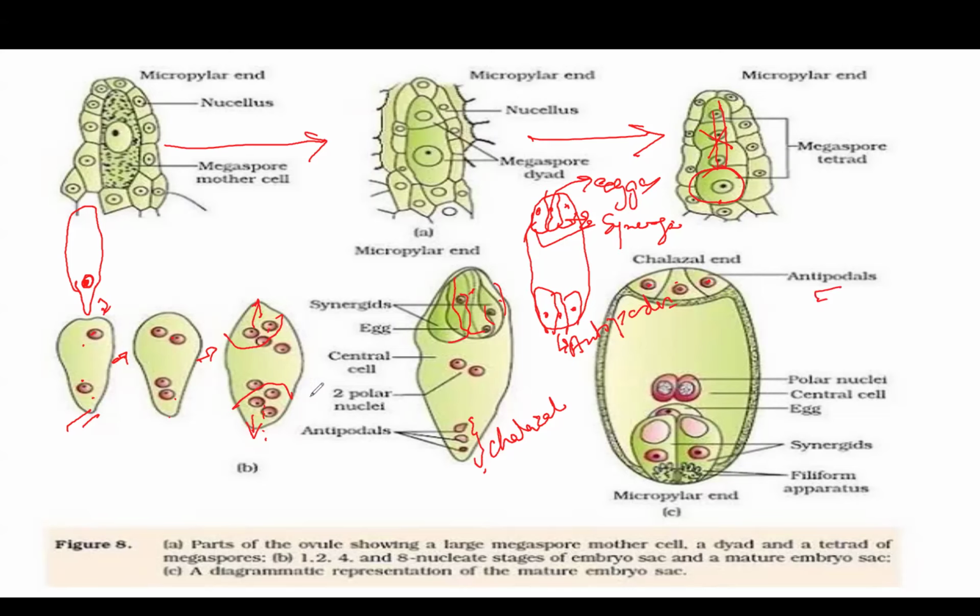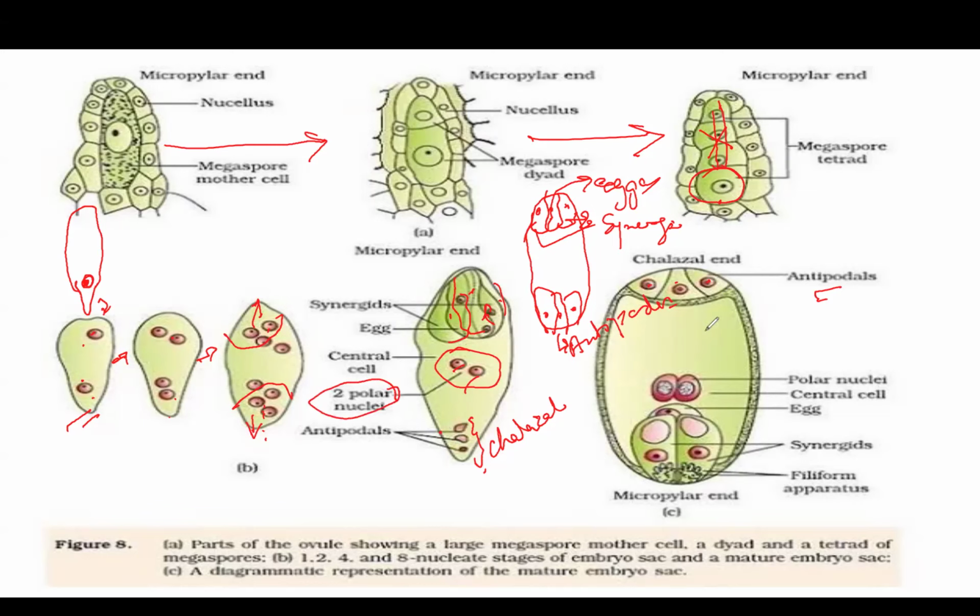Now you see there are two free nuclei I have at the center. There were 8. The 3 went towards the chalazal end, 3 went towards the micropylar end, and there are 2 more in the middle, free nuclei. These I call the 2 polar nuclei.